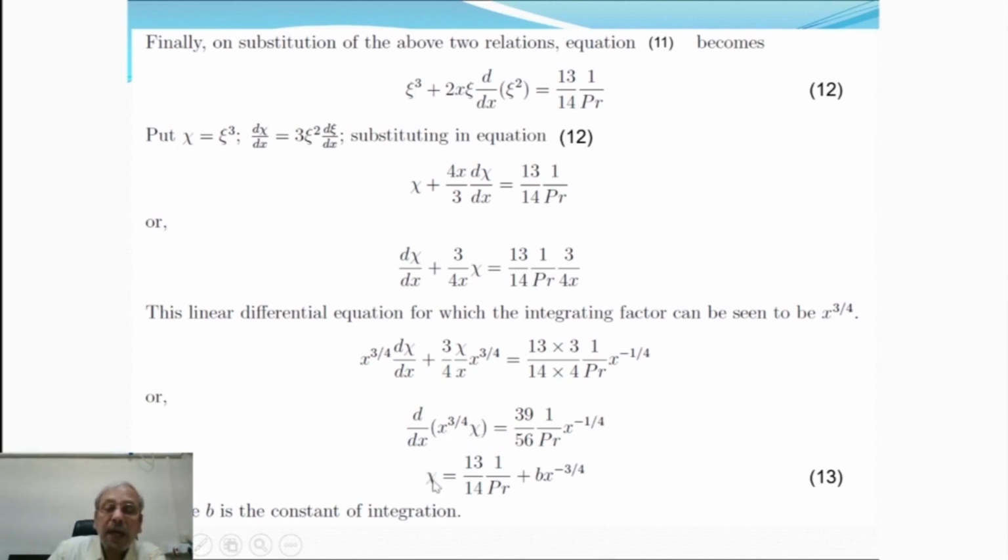Then we write χ equal to 13/14, 1/Prandtl number plus b into x to the power minus 3/4. b is the integration constant. After integration we get that, and when we divide by x^(3/4), we get b x^(-3/4). b is the constant of integration.